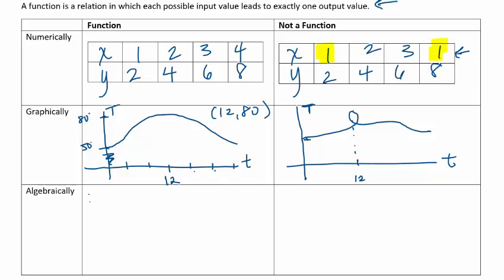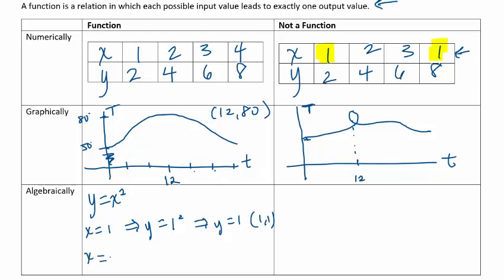So let's say that y is equal to x squared is our given relation. And our goal is just to see for every input, is there only one output? So when x is 1, we square it, y equals 1 squared, and we get that y is 1, and therefore the ordered pair associated with an input of x equals 1 is 1, 1.